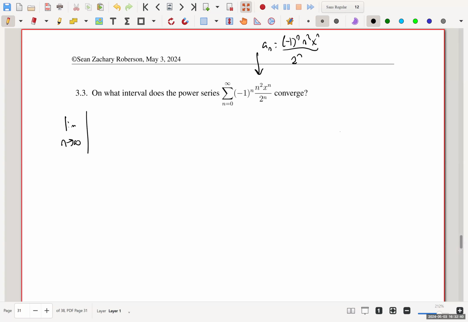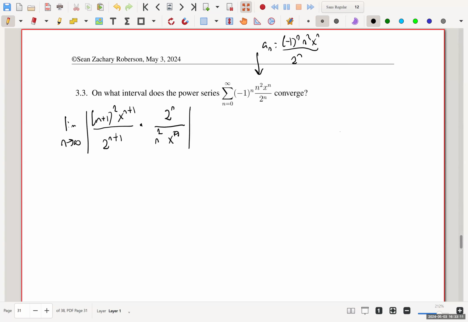So we're going to look at (n+1) squared. Oh, wow. Guys, I'm very tired. My handwriting has suffered. (n+1) squared, x^(n+1) over 2^(n+1). And now we're going to multiply by the reciprocal of the original stuff, 2^n over n squared, x^n.